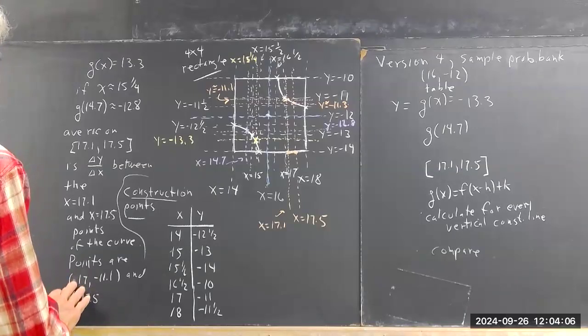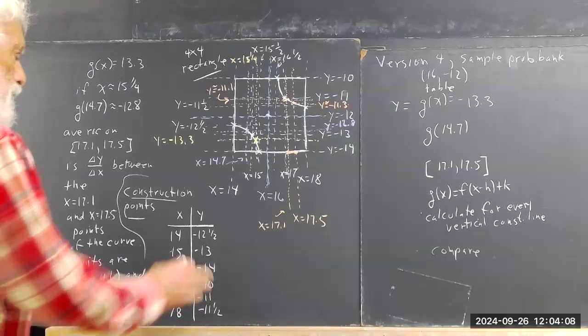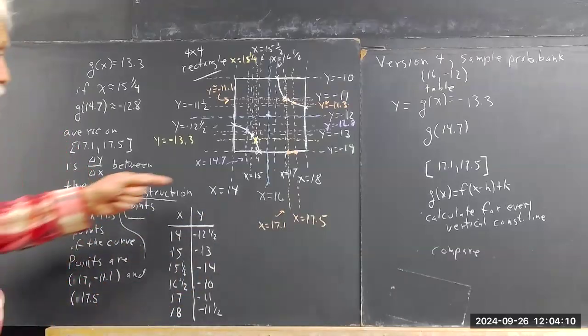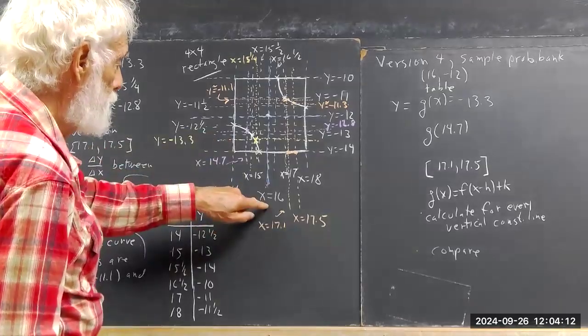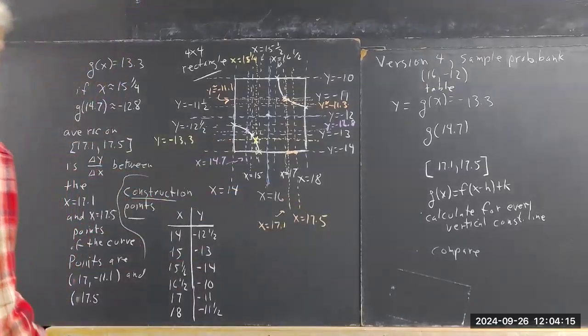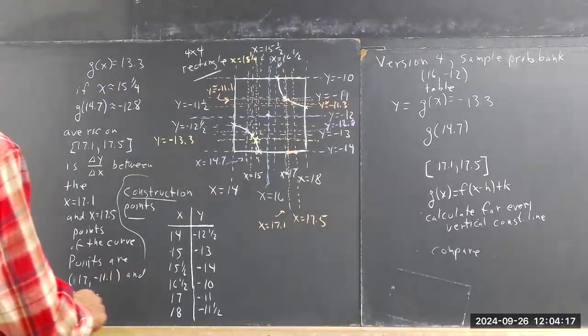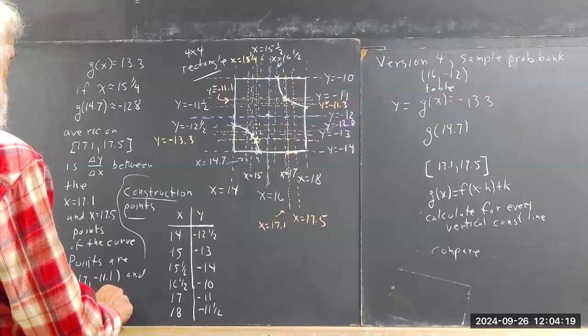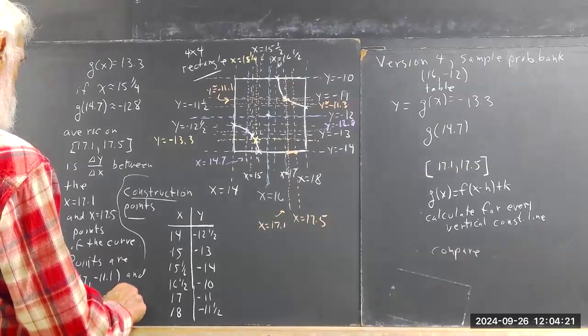These are positive, obviously. Your x-axis here goes from 14 to 18, you don't have any negatives. 17.5, negative 11.3.